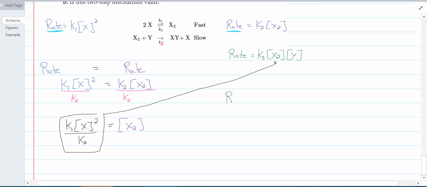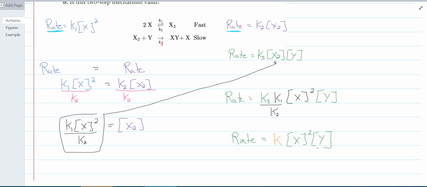So my rate will equal K3 times K1 all over K2 times the concentration of X squared times the concentration of Y. Rewriting this one more time, rate equals, this is going to just be K now, the rate constant, times the concentration of X squared times Y. So mathematically, this can work.